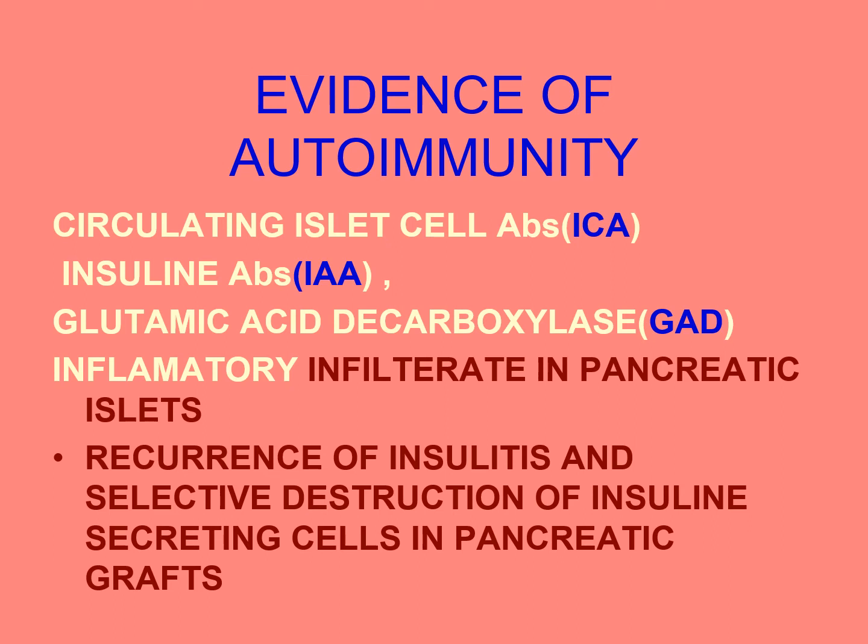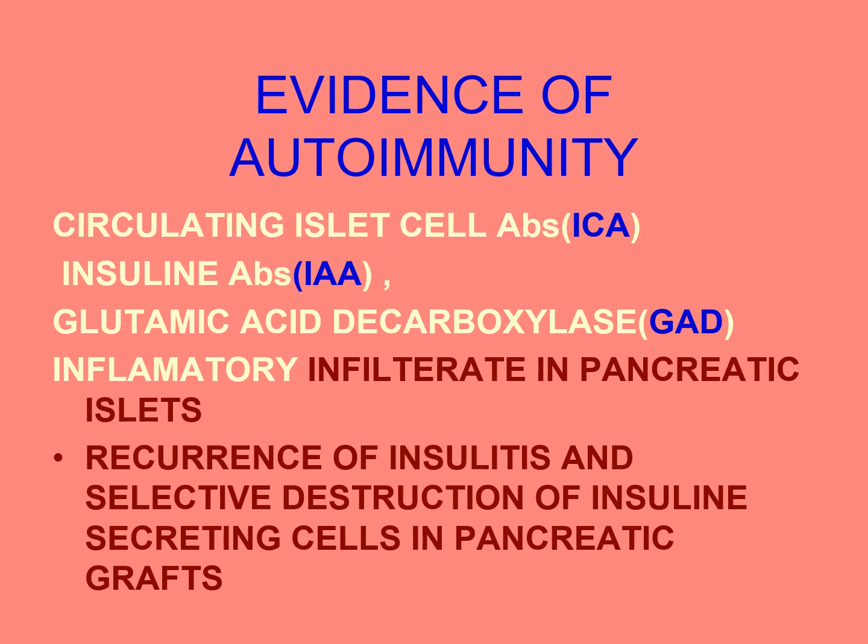So if you are asked to write down the pathogenesis of type 1, you must write the different things which I have told you: the presence of the autoreactive clones of T cells, the disturbance in the effector T cells, and the disturbance in the regulatory T cells.